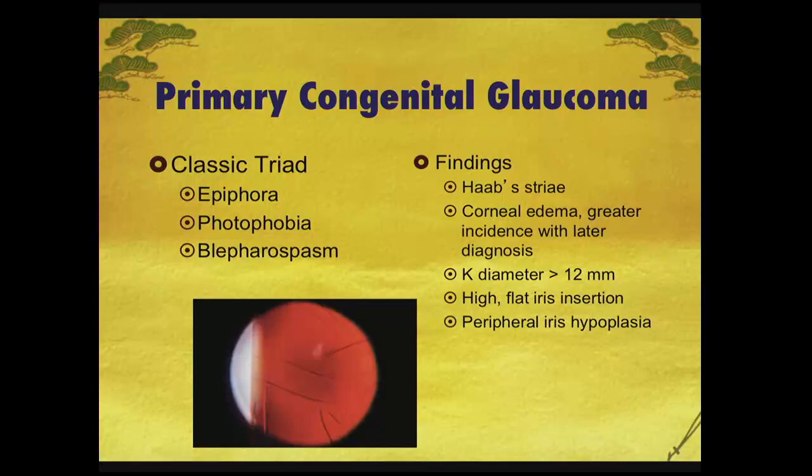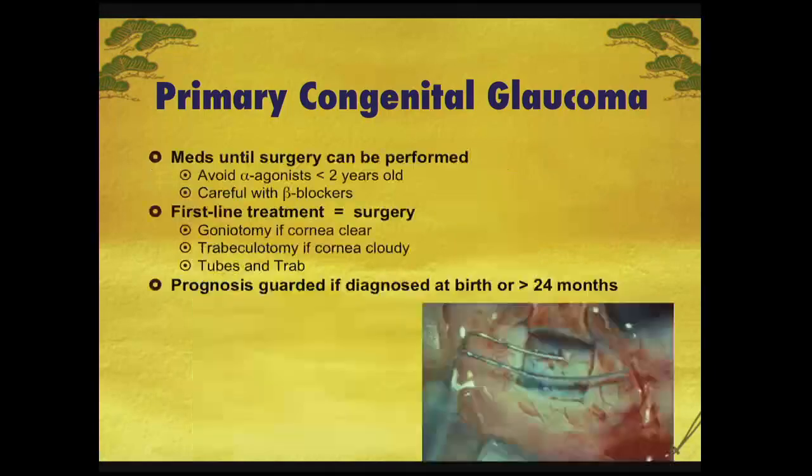Patients will present with corneal edema, and the later they're diagnosed, the more likely they are to have corneal edema. The corneal diameter can typically be greater than 12 millimeters, which is abnormal for an infant. The iris typically has a high flat insertion, and peripherally the iris can look hypoplastic.